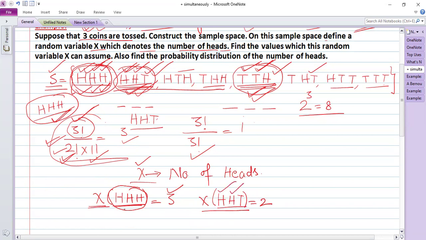So that's why this x is behaving like a function. Actually, this x, its domain is the sample space and its range, or codomain, is the set of real numbers.